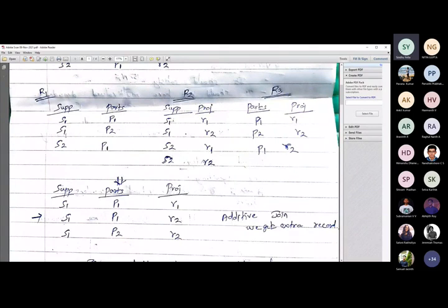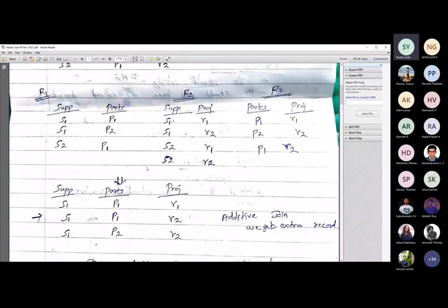Right, sorry, I think we are combining S1 P1 R1, S1 P1 R2, and S1 P2. So we are going to combine the relations R1 and R3. So you get S1 P1 R1, S1 P2 R2, S2 P1 R1, right?